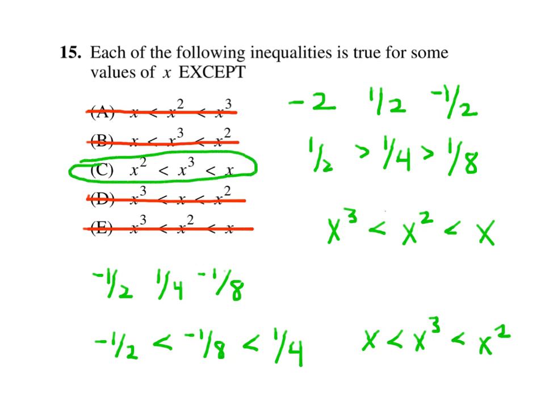Now, we've got to come up with another method of verifying why answer choice C is impossible. And to do that, I'll remind you that it's okay to divide both sides of an inequality by x squared, because x squared is always positive.